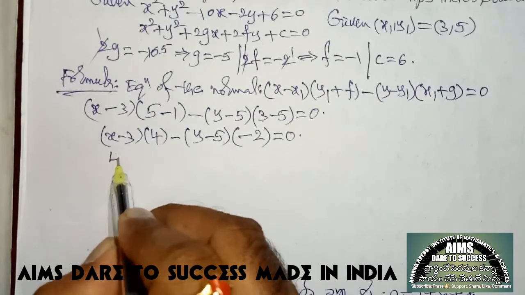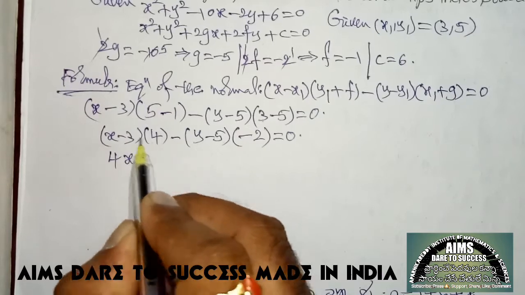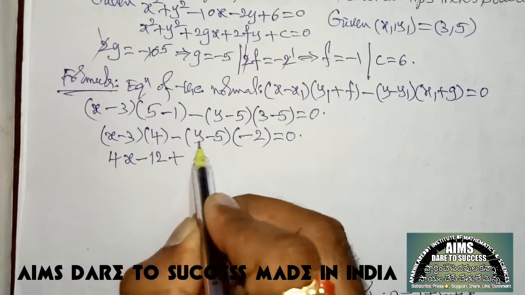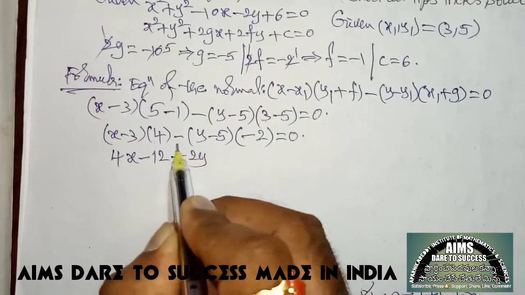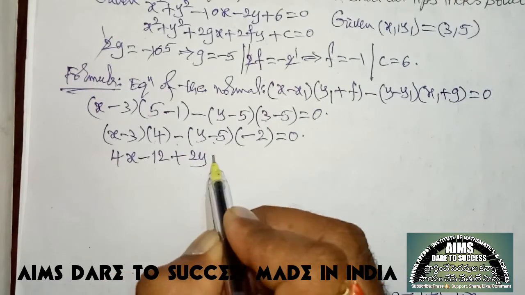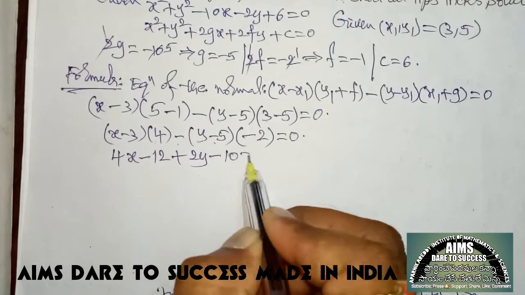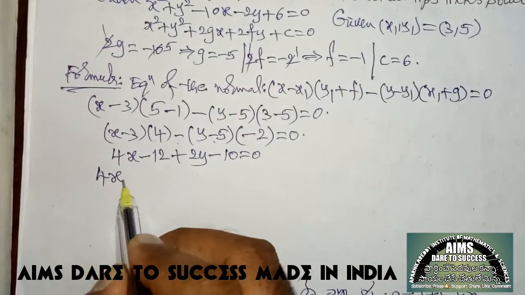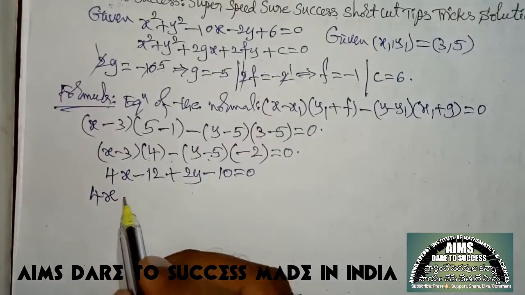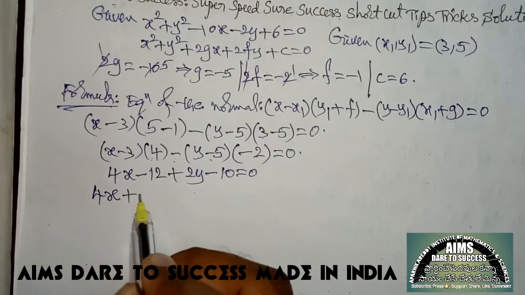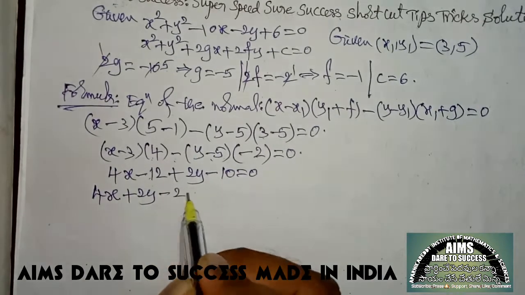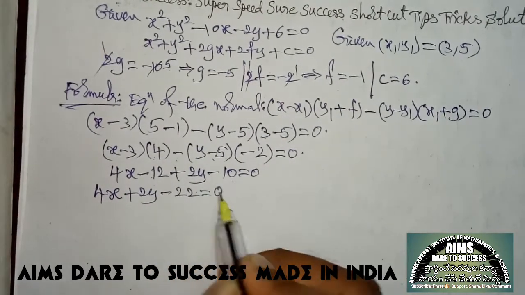Normal multiplication: 4 into x is 4x, 4 threes are 12; minus into minus is plus, 2 into y is 2y, and 2 fives are 10, equal to 0. Now write serially: first 4x, next 2y, next −12 − 10 = −22, equal to 0.